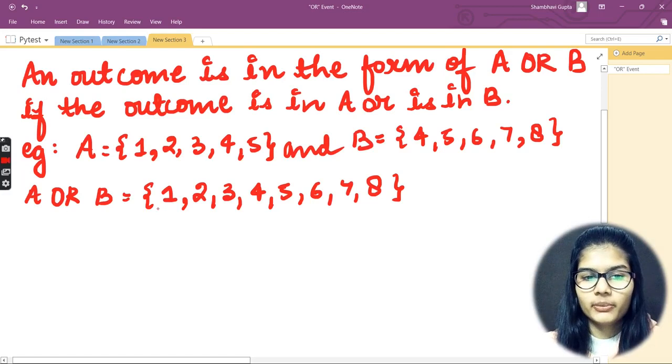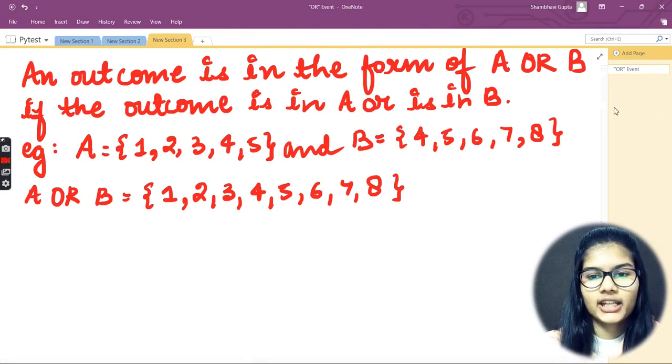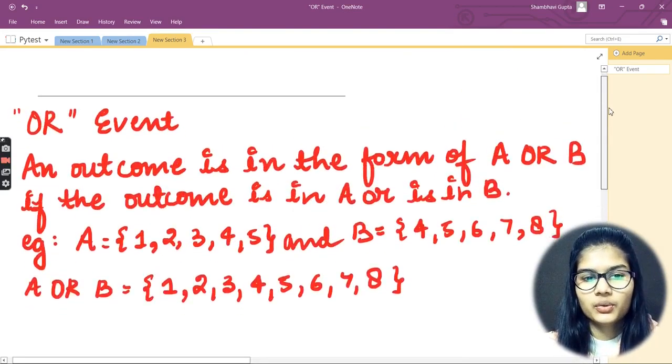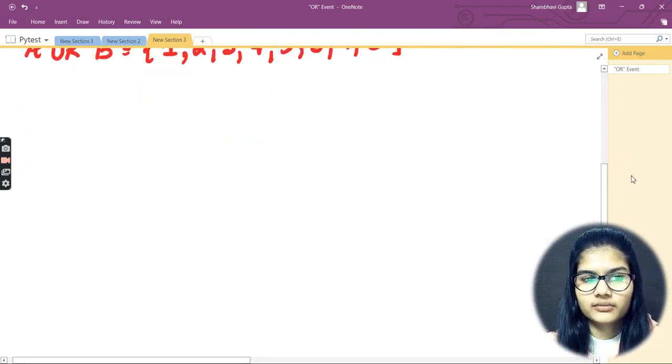If a number is coming repeatedly, you write it only one time, no matter if it comes 2, 3, 4, 5 times, whatever it is. Hope I'm clear on this. If you write an outcome in the form A or B, the outcome is in A or is in B. Hope this example of the OR event is clear.